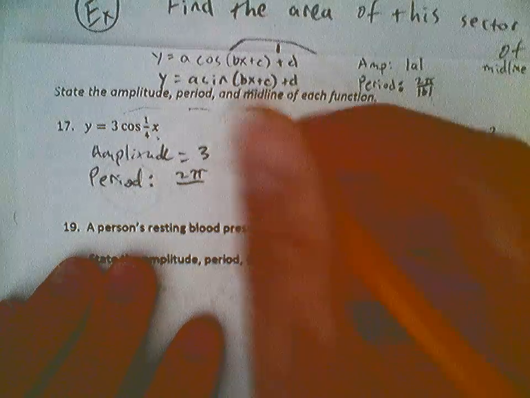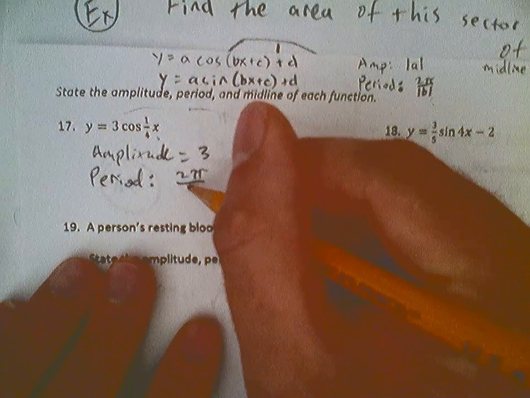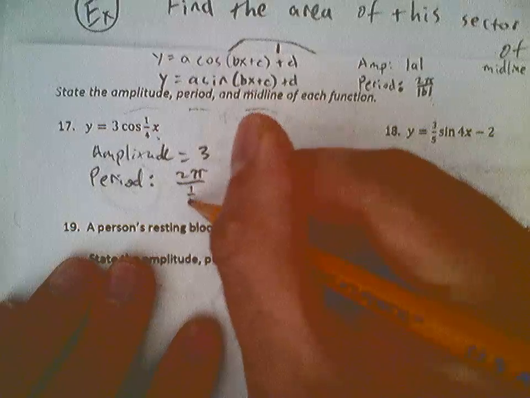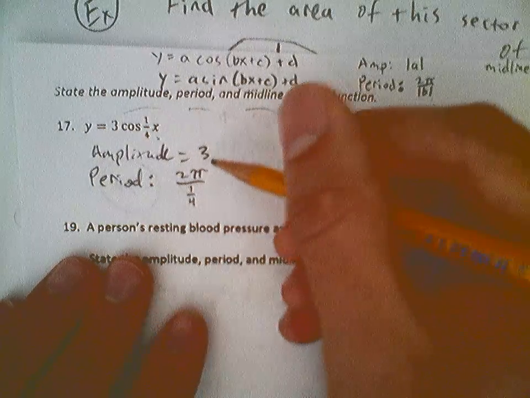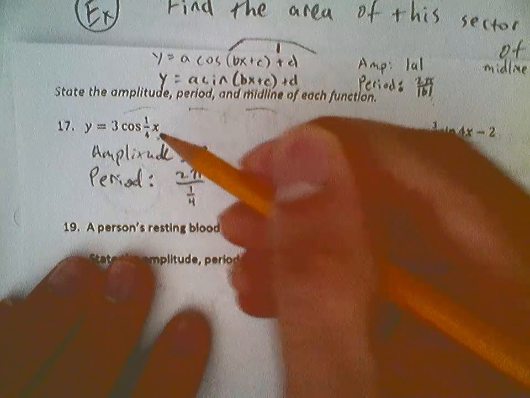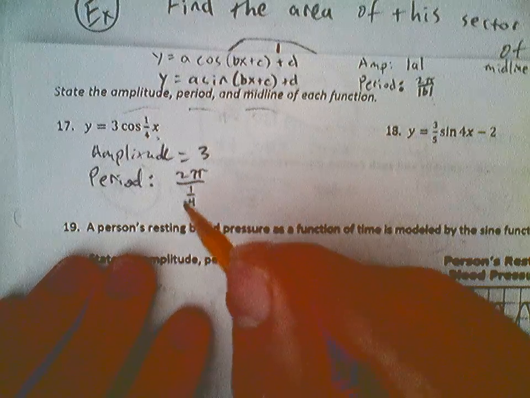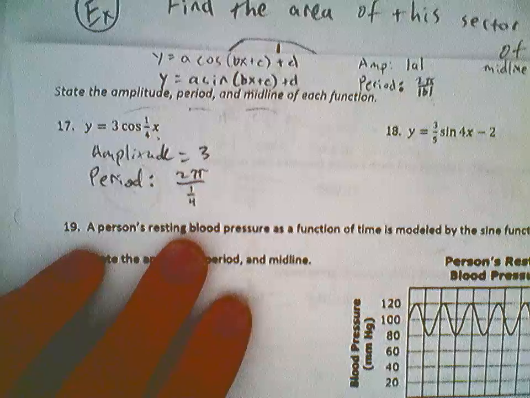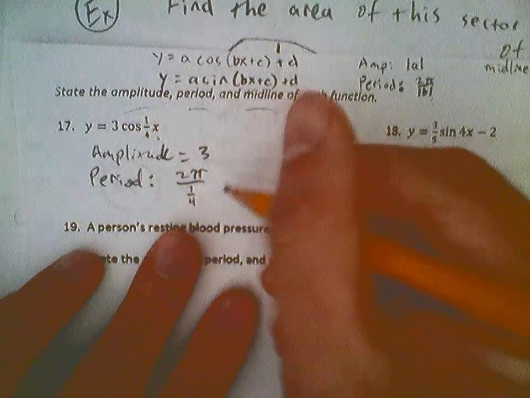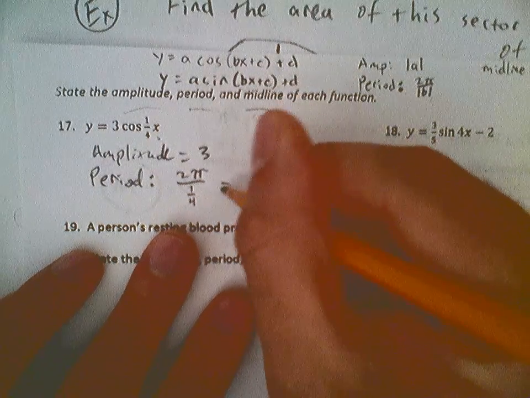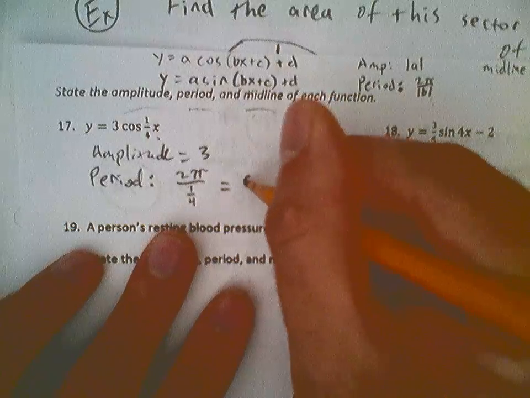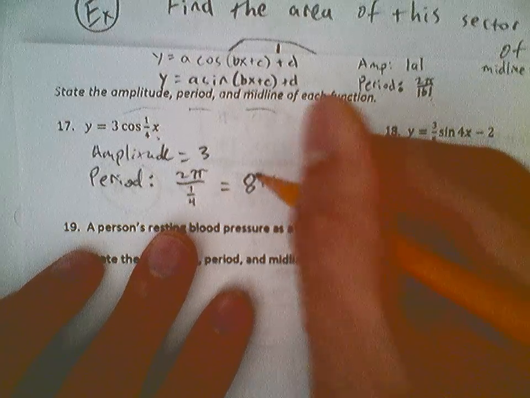So I'm doing 2 pi over the absolute value of 1/4. I don't have to do absolute value here since that's a positive number, but if it were negative, I would have to change that to a positive. So 2 pi over 1/4 simplifies to 8 pi.